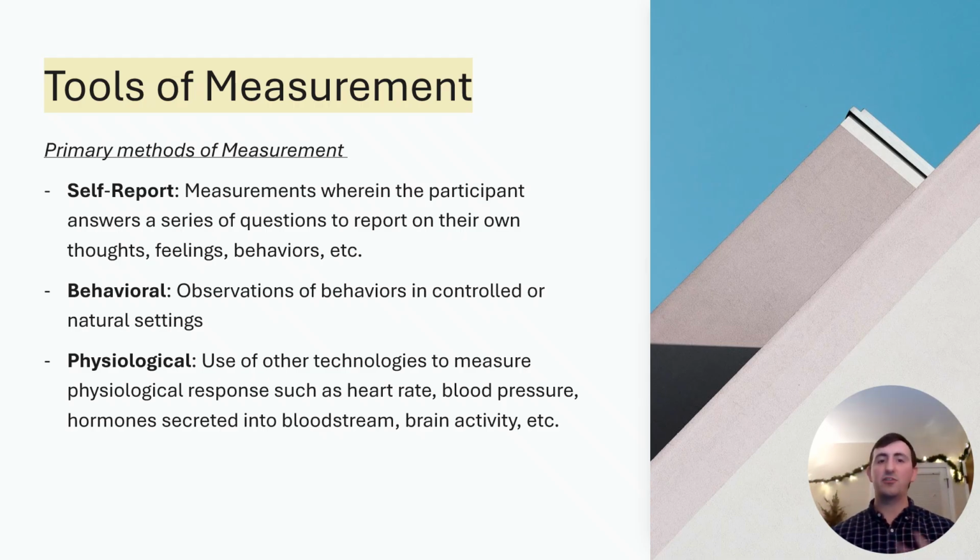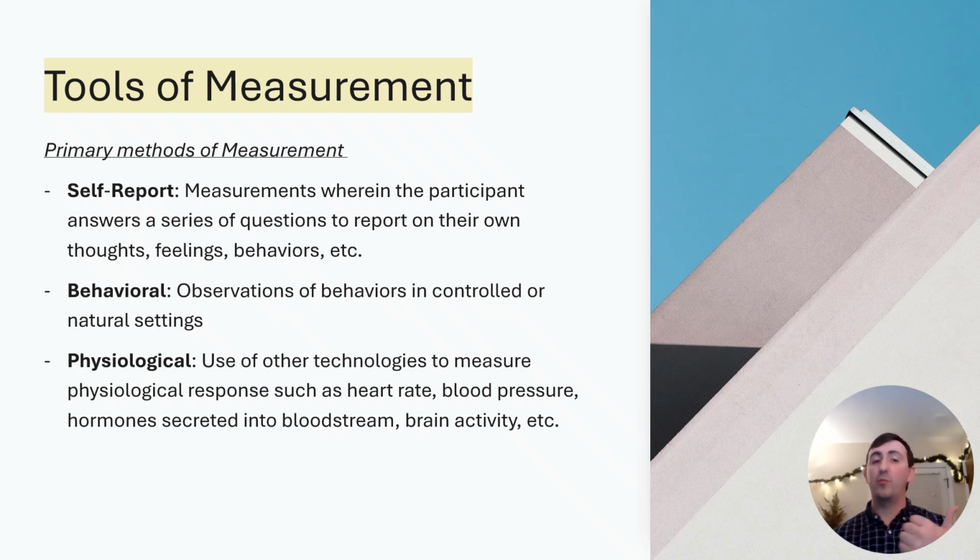But another major category for tool measurements is behavioral. And this is simply watching someone either in a lab environment or a natural environment and just clicking how many times you see them performing an action or behavior in a certain way or at a certain time, mostly counting how many of those behaviors occur, don't occur, or the degree to which those behaviors occur.